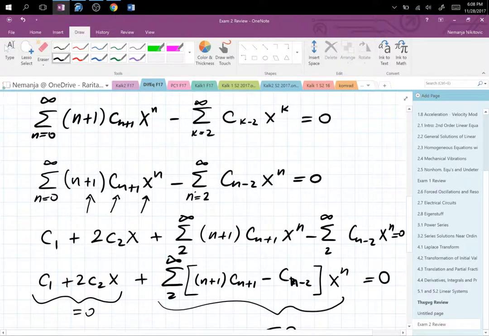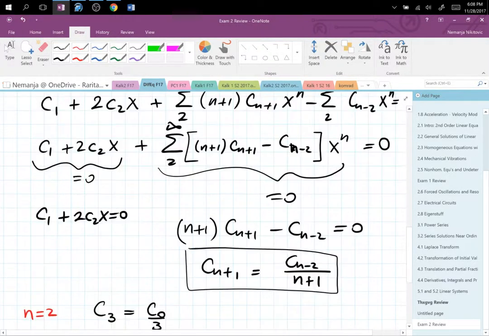And then the next term is n equals 1, so 2C2 x to the 1, which is x. Do we worry about the plus 1? Of course you worry about it, because when n is 1, 1 plus 1 is 2, and when n is 0, 0 plus 1 is 1.